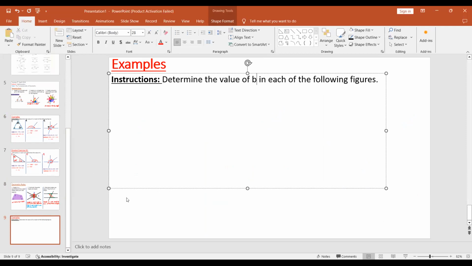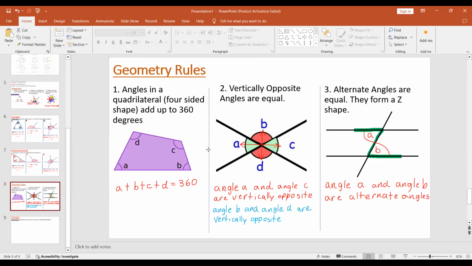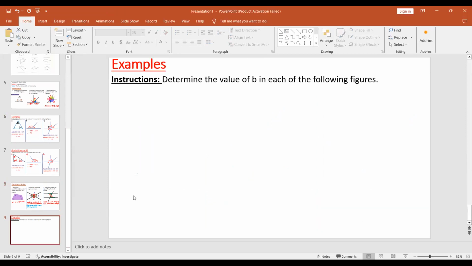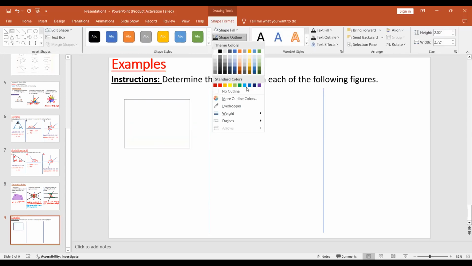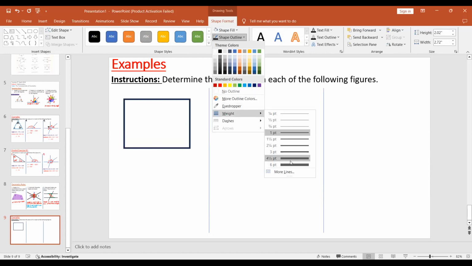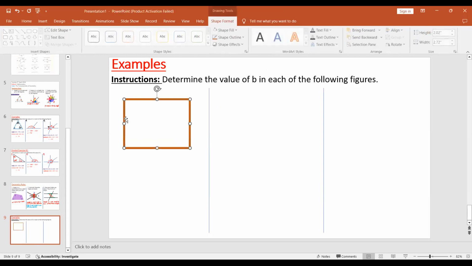All right, so let me section this off. So let's say that we have a quadrilateral. Oh, this is not good because all of them are 90.